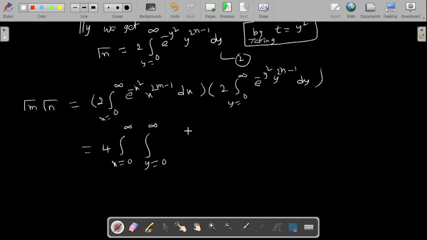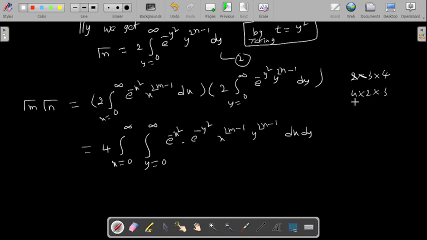Next, e power minus x square, e power minus y square, x power 2m minus 1, y power 2n minus 1, dx into dy. For example, if you have 2 into 3 into 4, and you write 4 into 2 into 3, is it wrong? No, no. Here also the product you can write in any way: dx dy, e power minus x square, e power minus y square.